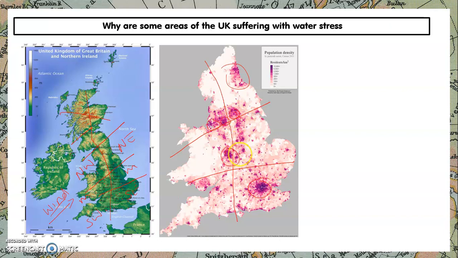Now the purple stands out very clearly. What is less obvious is the pink shading in the background here. So look at these little squares and funny shaped areas of purple, pink, purple, purple, pink. You go to the northwest and it's white, which means there are very few people per square kilometre.